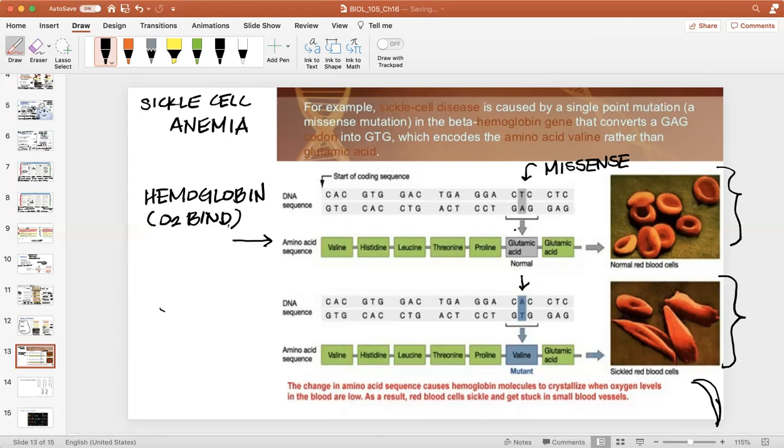And when we do that, if we go through the process of transcription and then translation, we go from a glutamic acid amino acid to a valine amino acid. And that causes misfolding of the hemoglobin protein. Okay, and so the hemoglobin becomes non-functional, doesn't work right.